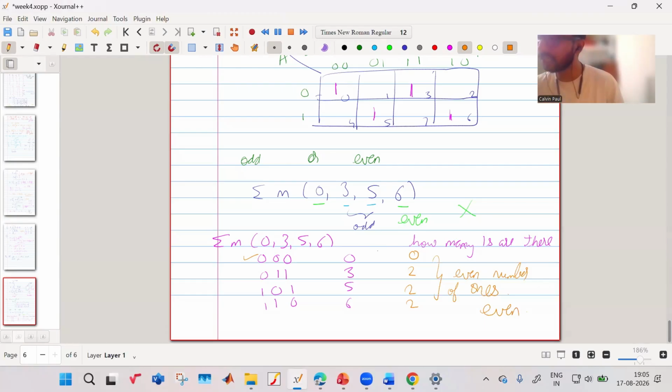In this case, you know that this has to be represented using an XNOR gate. So this will be represented by A XNOR B XNOR C.